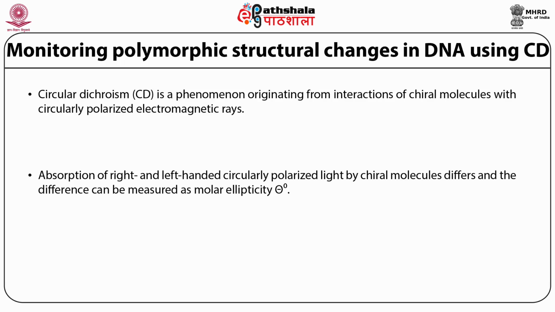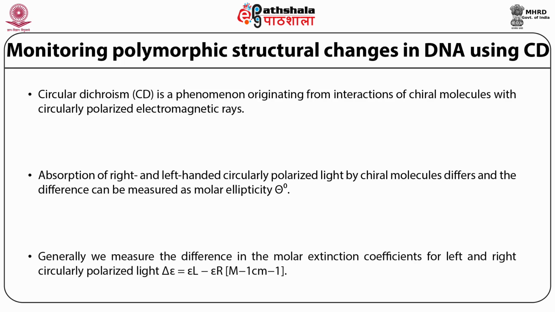The absorption of left and right-handed circularly polarized light by chiral molecules differs, and the difference can be measured as molar ellipticity theta. But generally, we measure the difference in molecular extinction coefficient for left and right circularly polarized light, delta epsilon equal to epsilon L minus epsilon R.